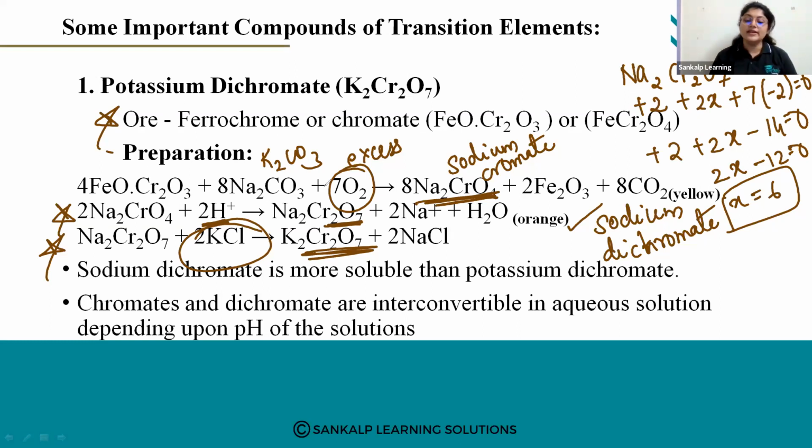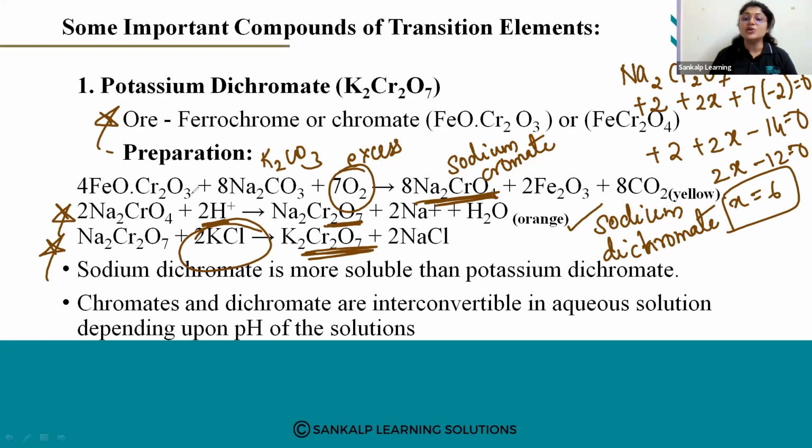Then you can see the chromate ions, right? What is done in the second step? You have seen that the chromate ions are converted into dichromate ions. How is it converted into dichromate ions? By acidifying it. When you are treating it with excess of sulfuric acid, the yellow color solution of sodium chromate is converted into sodium dichromate, right?